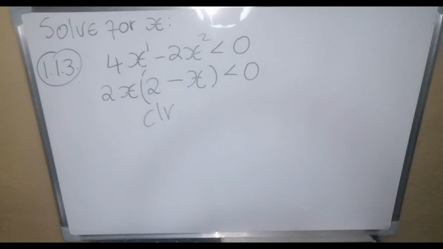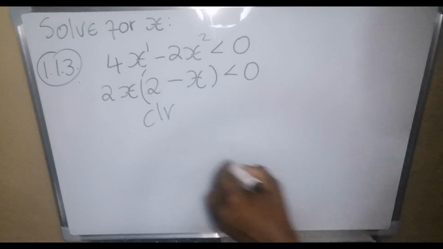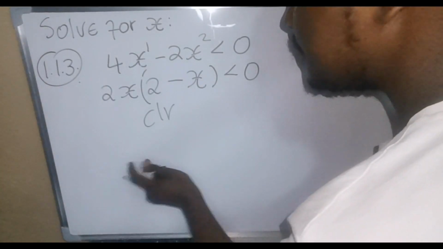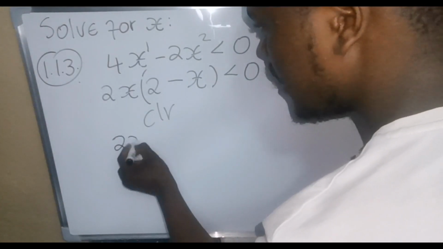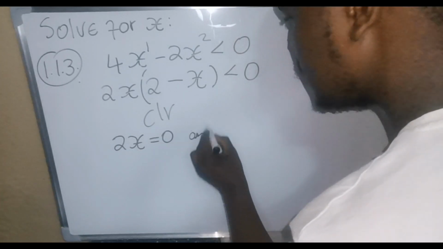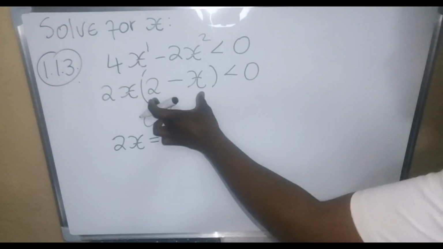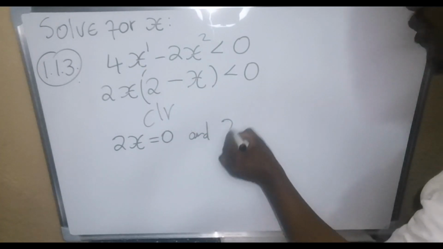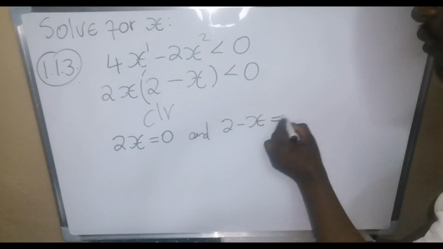Clear? Clear. Now, critical values. We are going to say 2x is equal to 0, and the second factor, 2 minus x, is equal to 0.